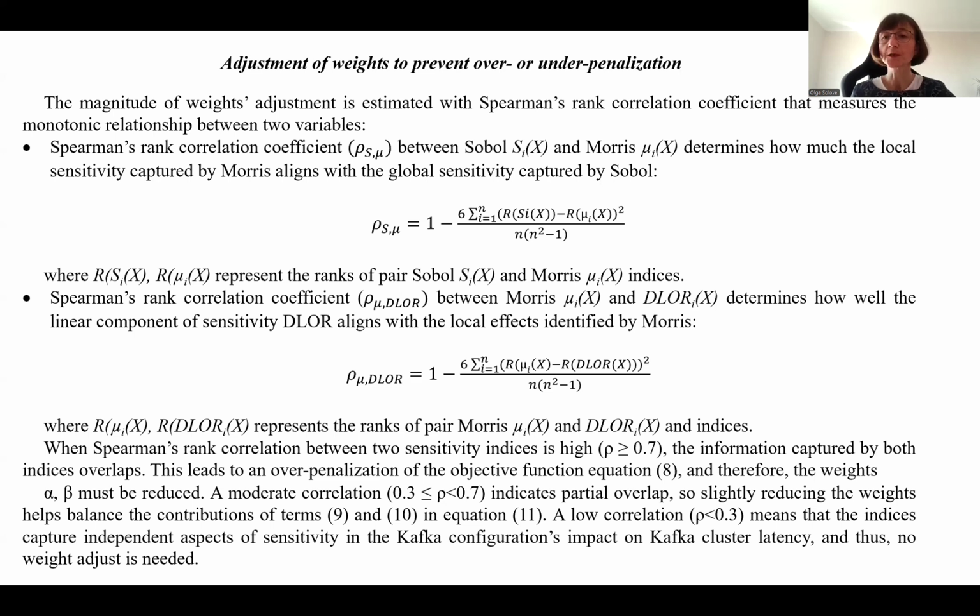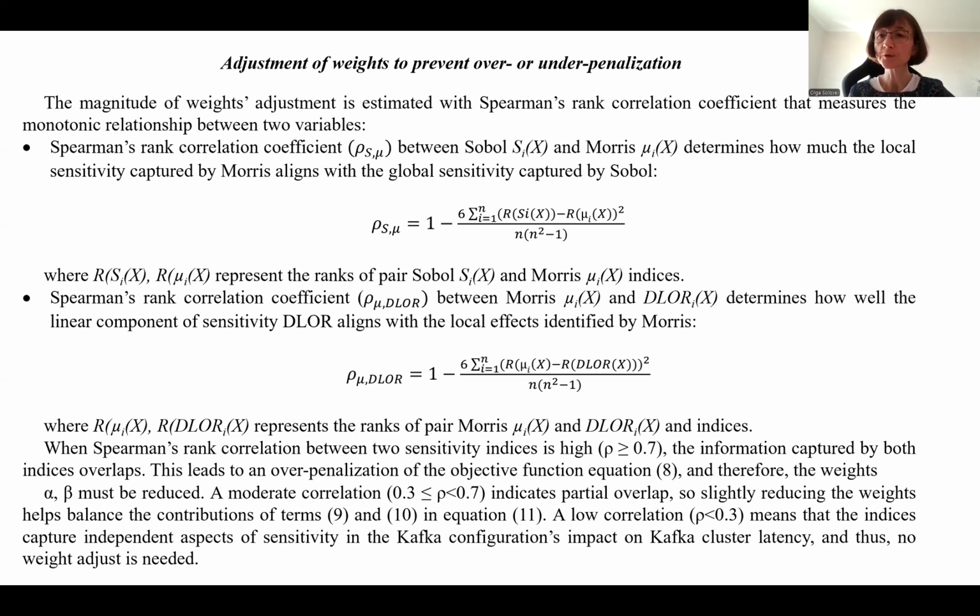And then we created rules that state the following. When the Spearman rank correlation coefficient between two sensitivity indexes is high, basically higher than 0.7, then the information captured by both indexes overlaps, and we need to decrease the value of the weights.